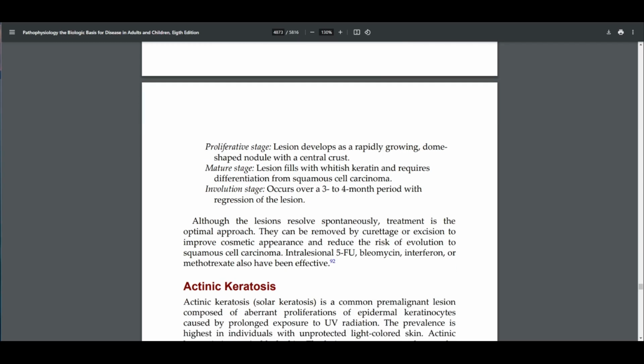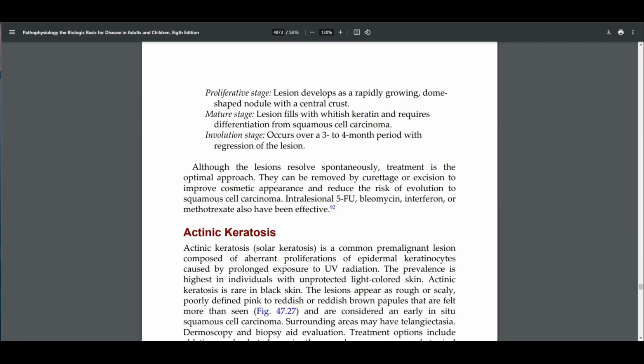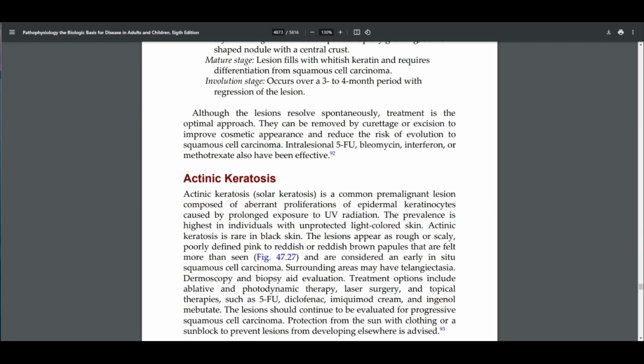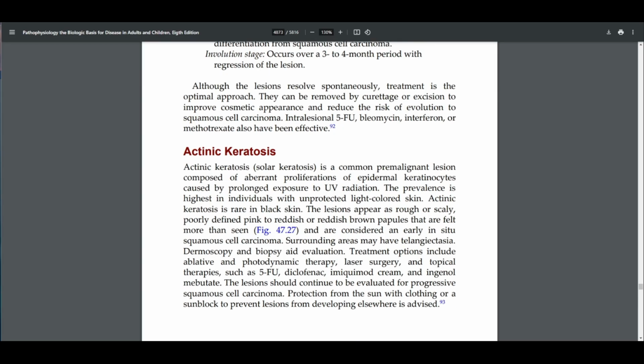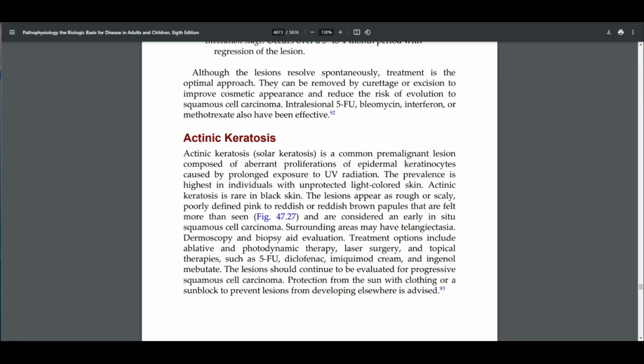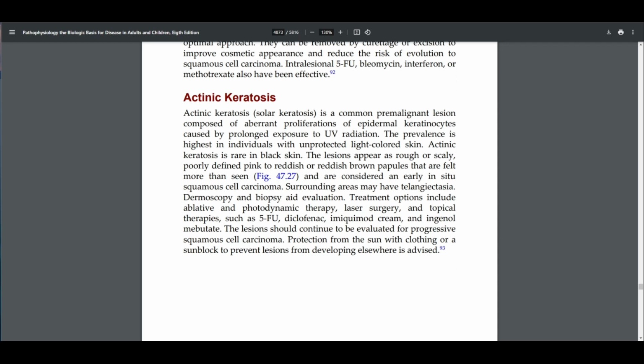Although the lesions resolve spontaneously, treatment is the optimal approach. They can be removed by curettage or excision to improve cosmetic appearance and reduce the risk of evolution to squamous cell carcinoma. Intralesional 5-FU, bleomycin, interferon, or methotrexate also have been effective.